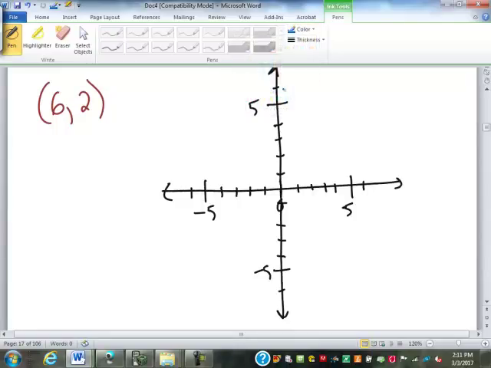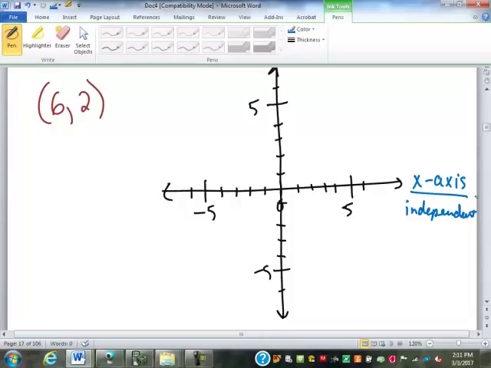So to represent 6, 2, well, we've got to figure out which one's going to go first. This first number line, the horizontal one, is often called the x-axis. A lot of times we call that not just the x-axis, but sometimes the independent axis. If we're looking at statistics, that's the axis that is kind of the cause variable.